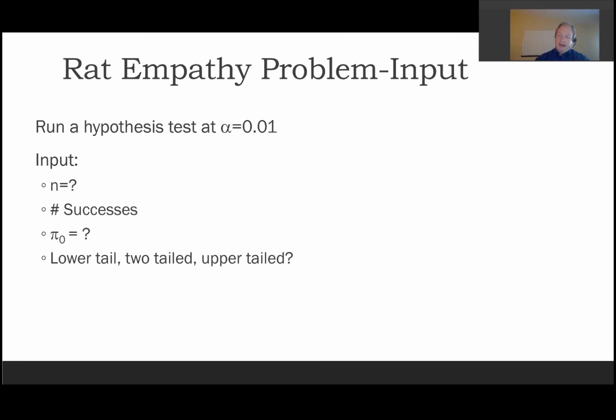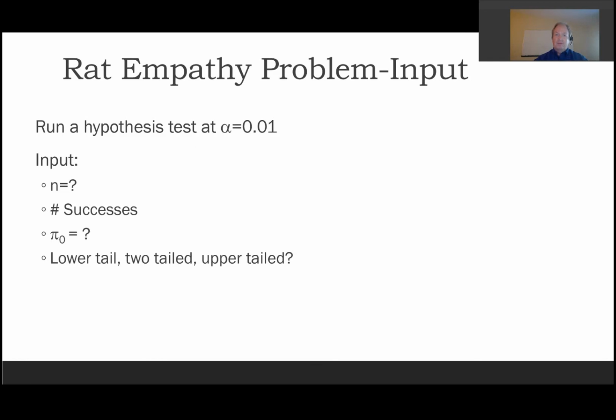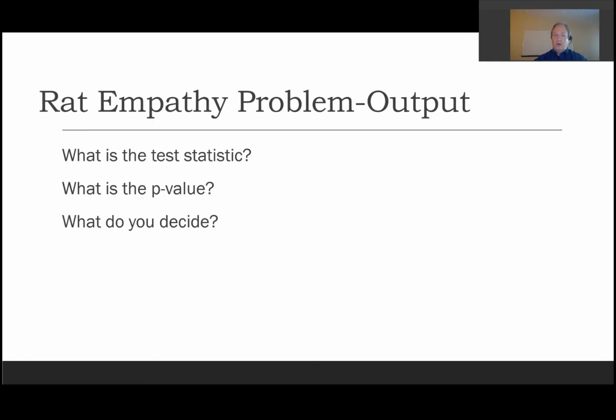Okay, now let's take our analysis of this problem a little bit further. Use StatCrunch the way we used it on the past two problems and run the hypothesis test. What is your test statistic? What is your p-value from the output? And what do you decide based on alpha? Our alpha is 1% here.